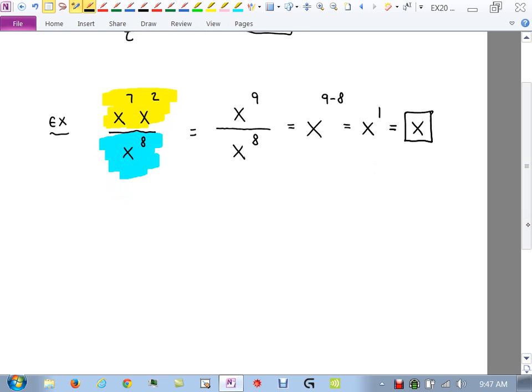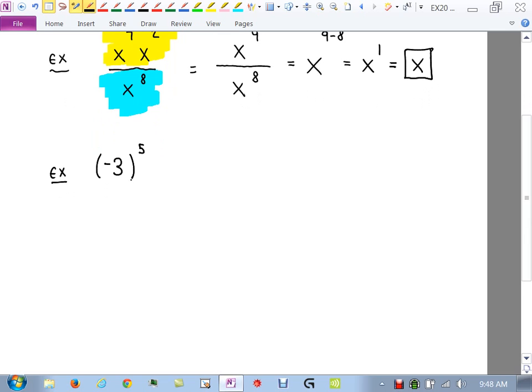Okay, what about this one? How about negative 3 to the 5 over negative 3 to the 2 times negative 3 to the 2.